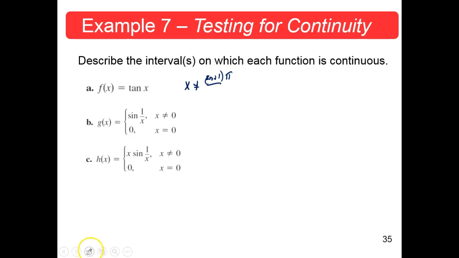Wait, sorry. My brain isn't working well today. Pi over 2n plus 1. Where n is any integer. If n is 0, that's going to be, no, I said it wrong again. Goodness gracious, the brain's not working.